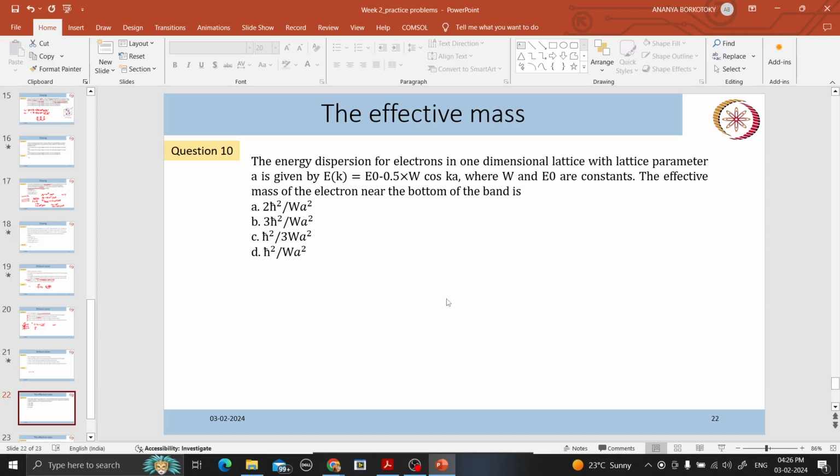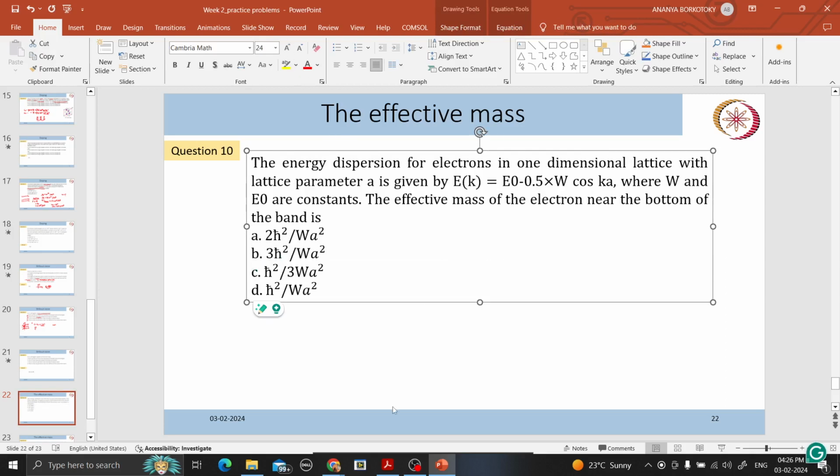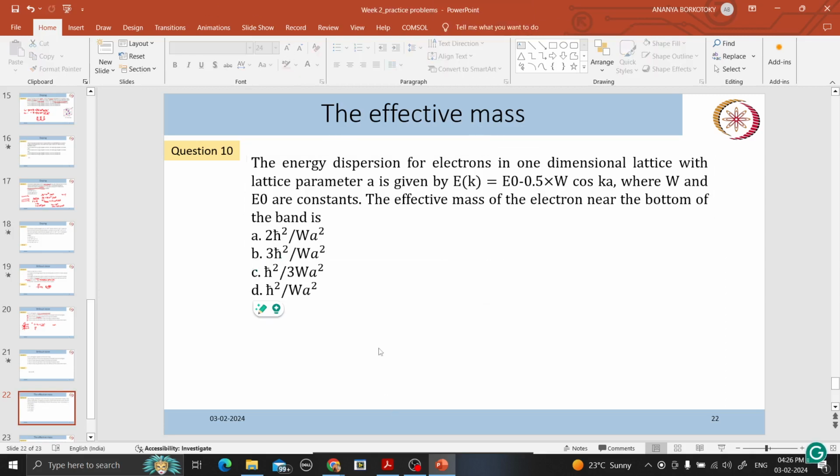So this is a one-dimensional crystal, a one-dimensional lattice. Is the question clearly visible? I can increase the font size if you want. Yes, clearly visible. Okay.